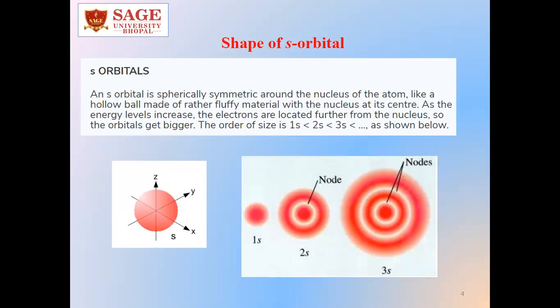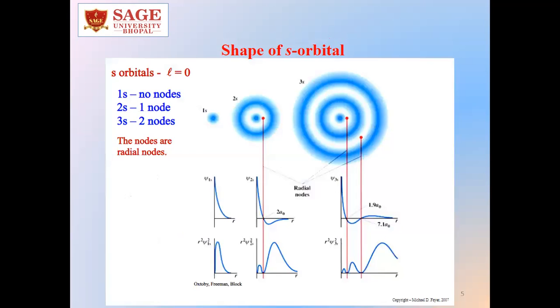Here we can see that the order of the size is 1s smaller than 2s smaller than 3s, as the size gets bigger with the increase of the principal quantum number n.